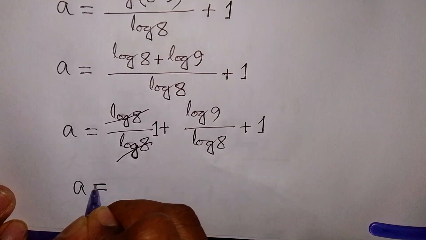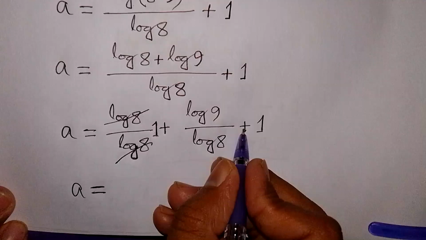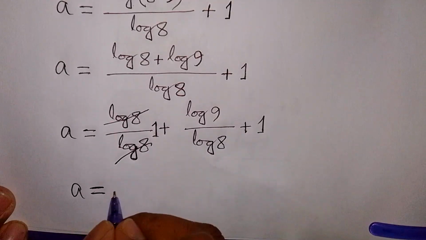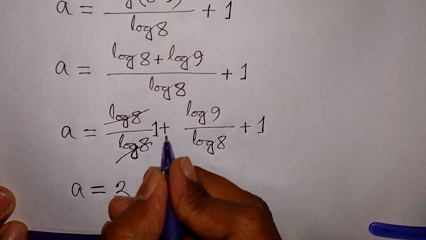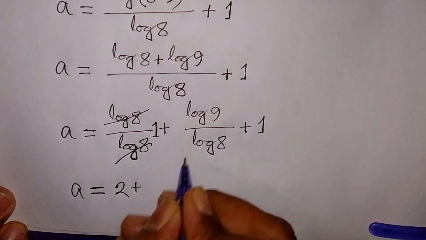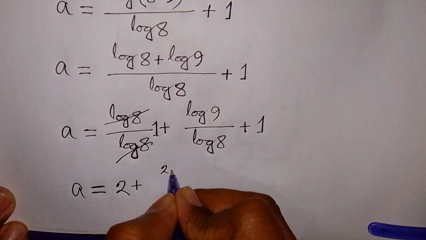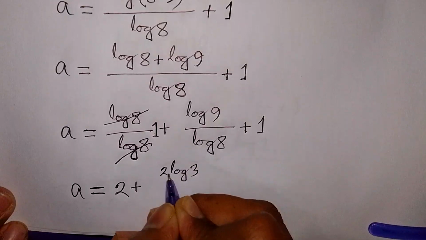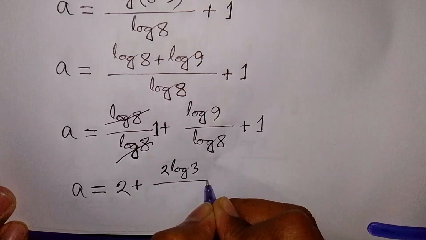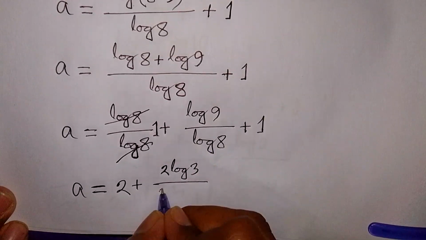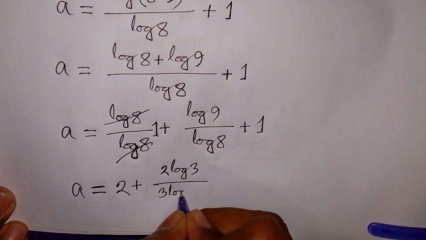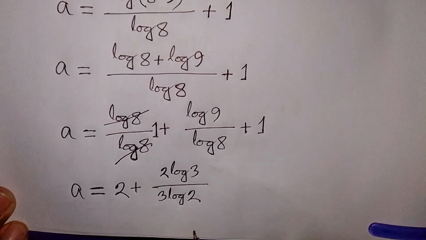A will be equal to 1 plus 1 is same as 2 plus log 9 is same as 2 log 3 over log 8 is same as 3 log 2.